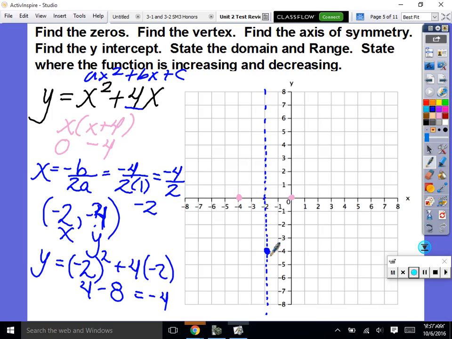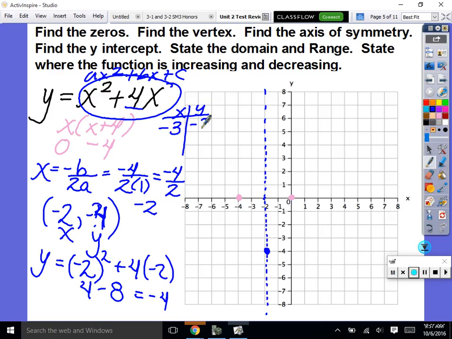So remember, I'm okay at this point for you to type that into y equals and then go to the table of values and plot some more points. So can somebody give me some more x, y points? Maybe like one more. -3, -3.